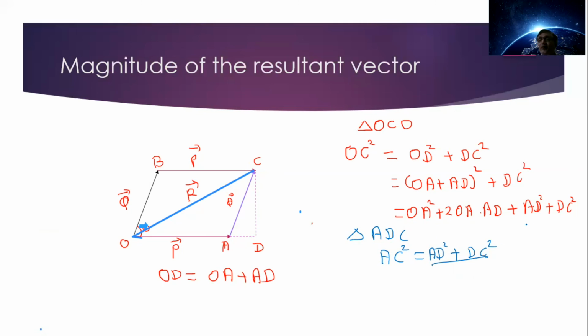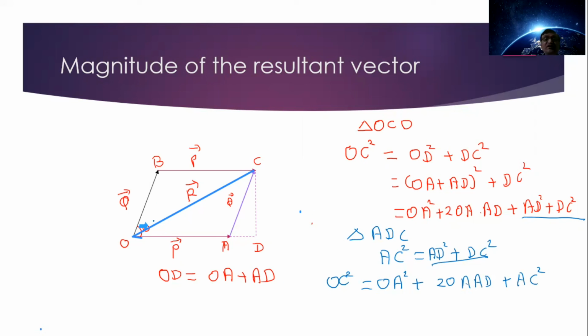Put this value of AD square plus DC square here, and therefore we get OC square is equal to OA square plus twice OA into AD plus AC square.